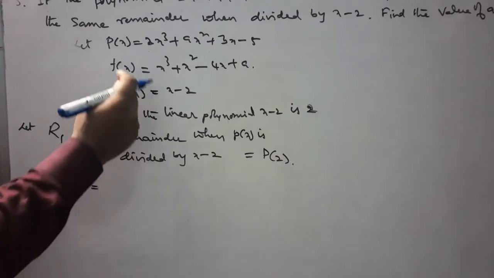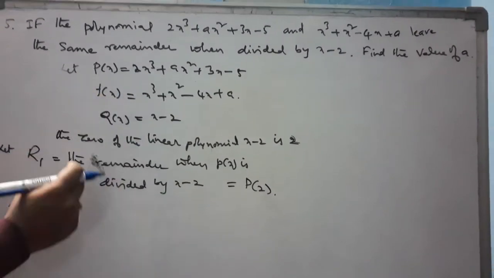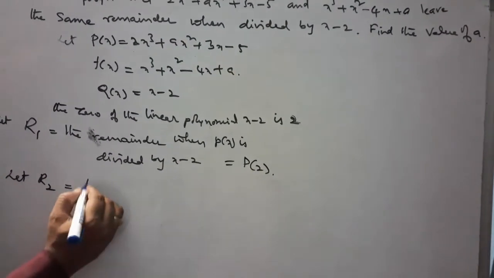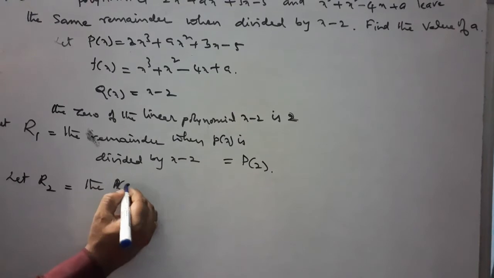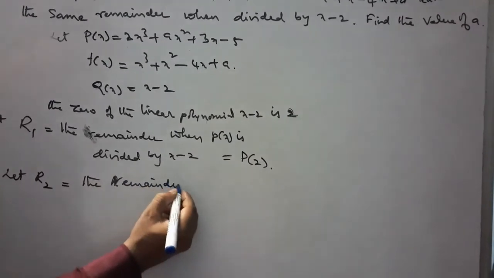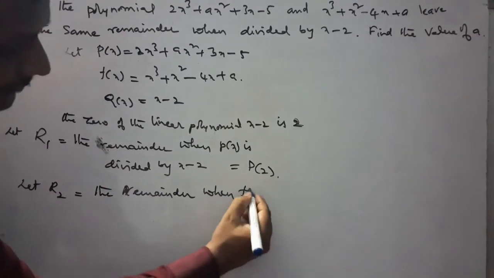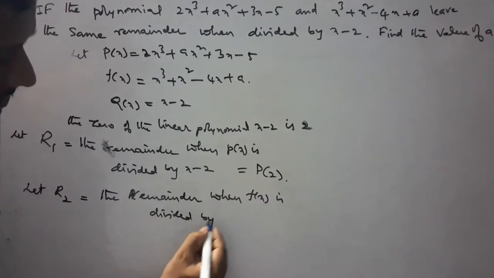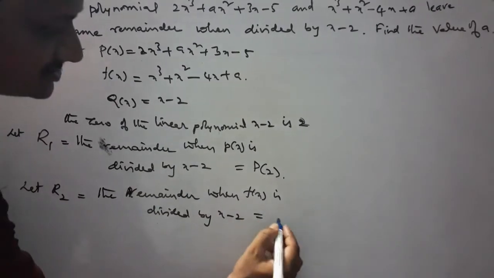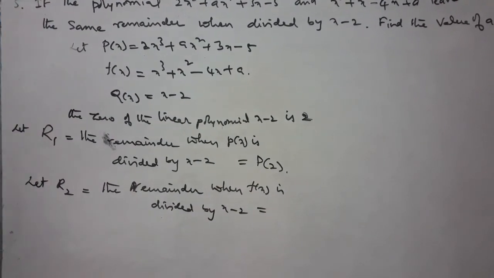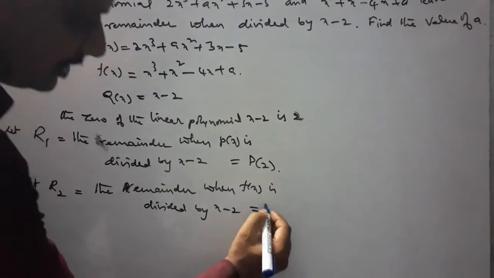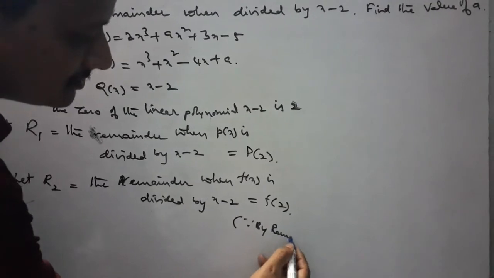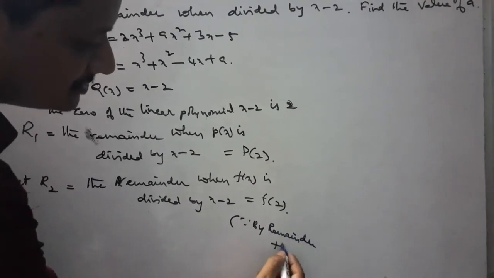I am taking the f of x. The remainder when f of x is divided by x minus 2 is nothing but, by the remainder theorem, f of 2.